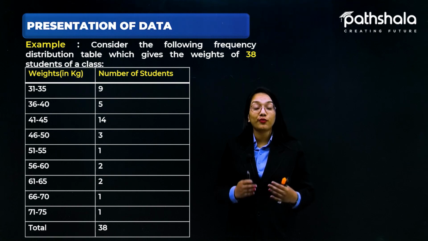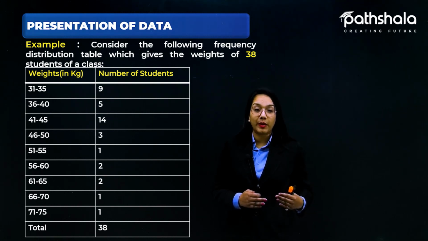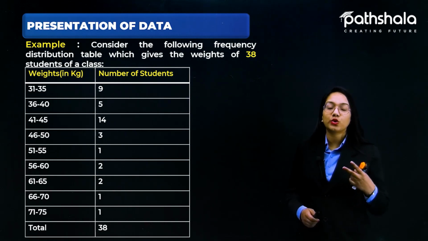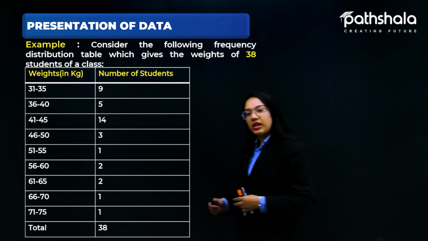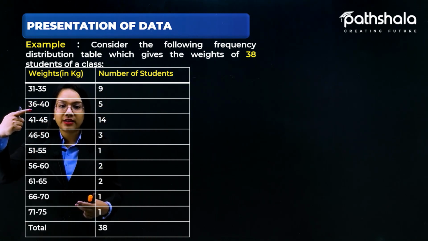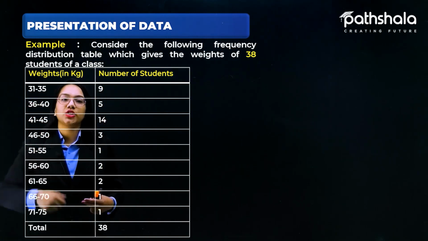Now I am forming them into overlapping ones. How can we do this? Let us suppose I'm starting with the two class intervals only. I'm taking the very first class interval, which is 31 to 35, and the next class interval, which is 36 to 40.